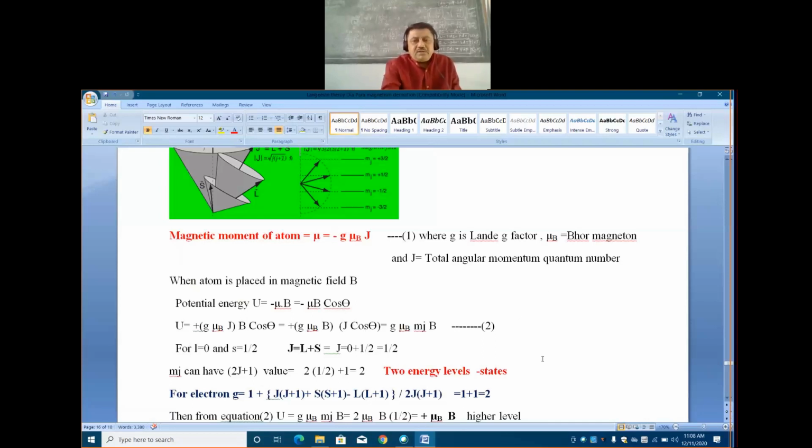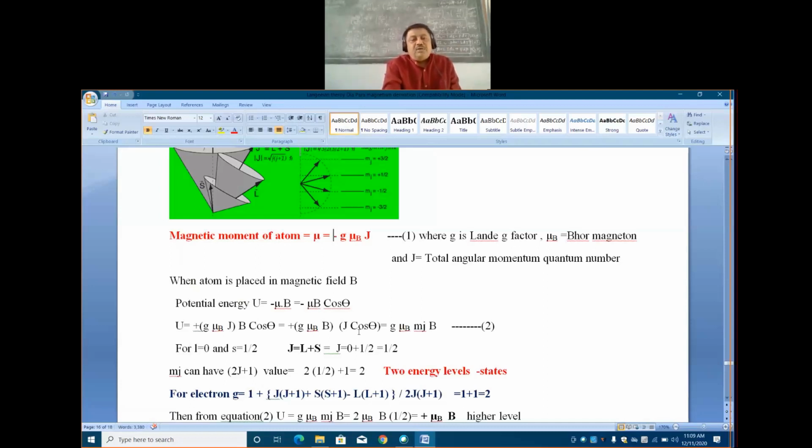so if you have a field direction and the magnetic moment mu is inclined at an angle theta with the direction, then along the field axis, its component is J cos theta. So J cos theta along y axis, and along x axis it is J sin theta. So the field is along z axis or along the axis.